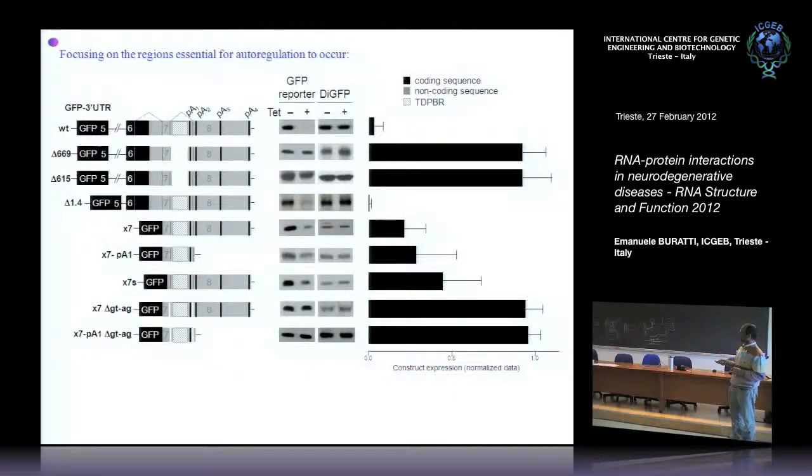So we simply mutate the splice sites and we remove the ability of poly-A1 to be physically removed from the 3' UTR.